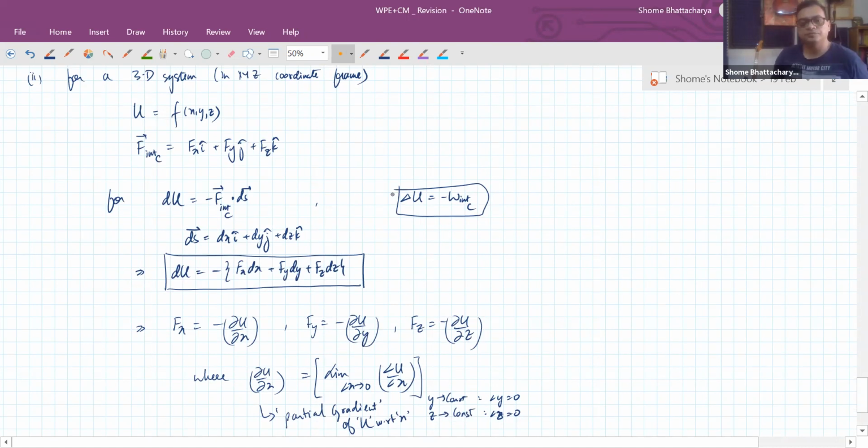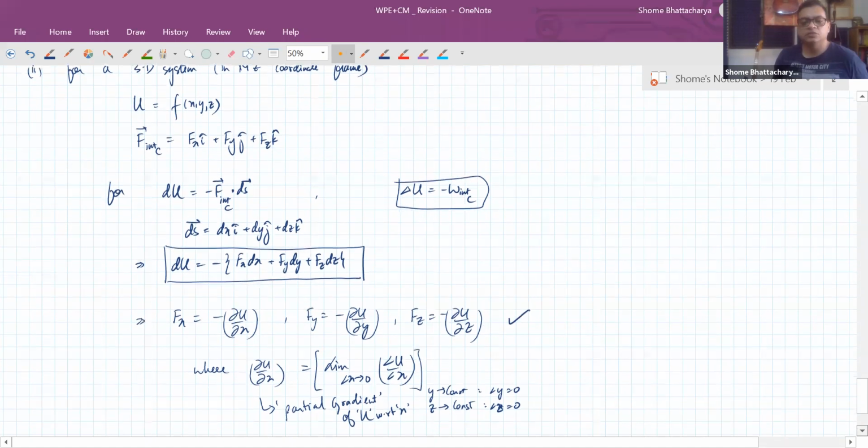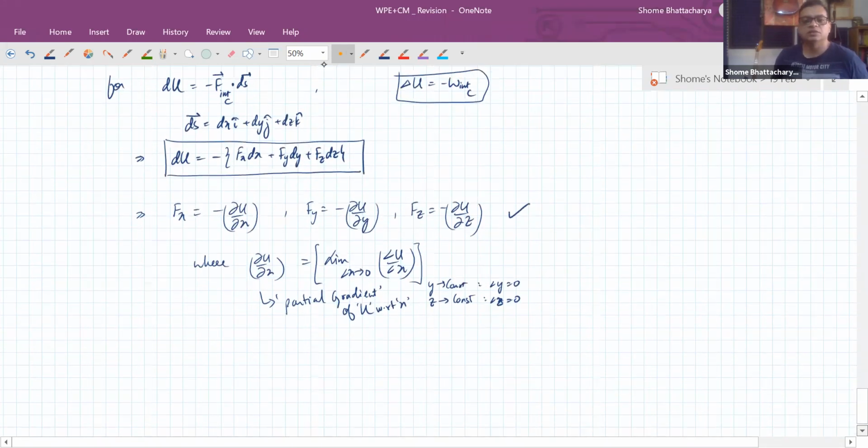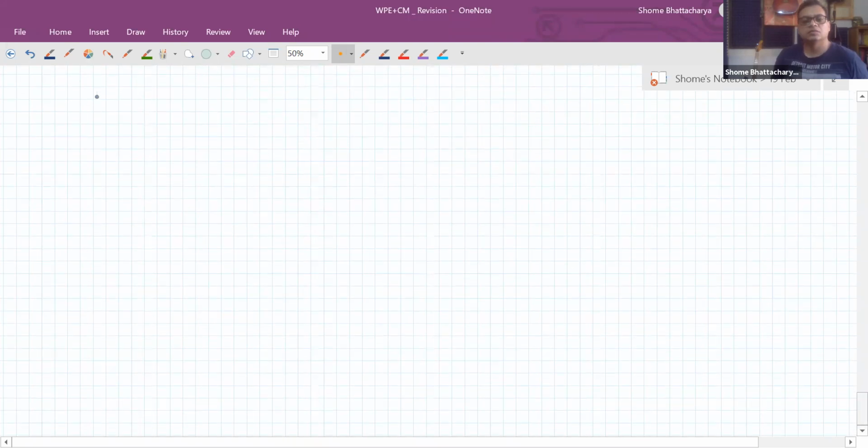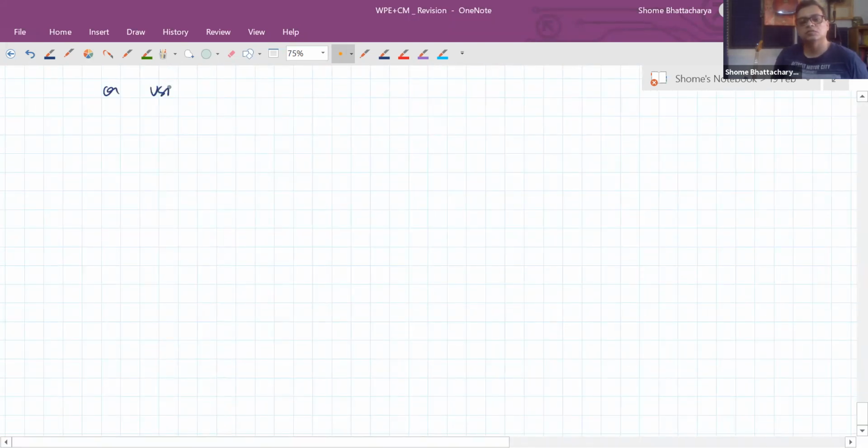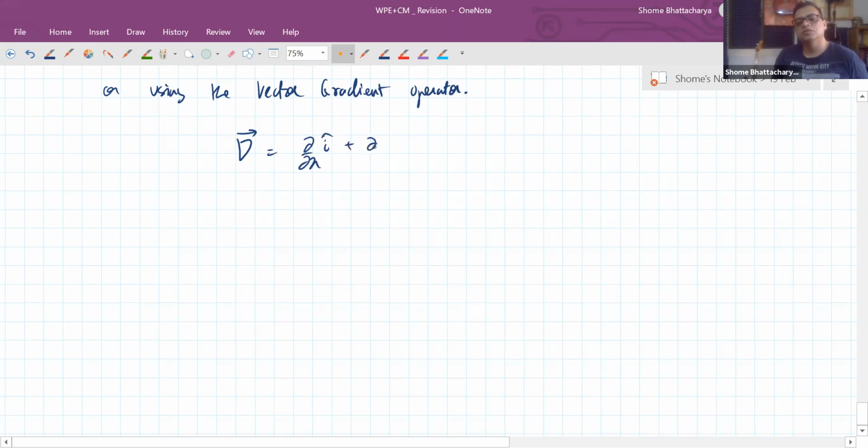So this becomes an important set of relations for here. And we can also use the gradient operator to define this. So we can use the vector gradient operator, or what we commonly call the del operator, which is a vector operator which, applying on a scalar quantity, gives its three-dimensional gradient.